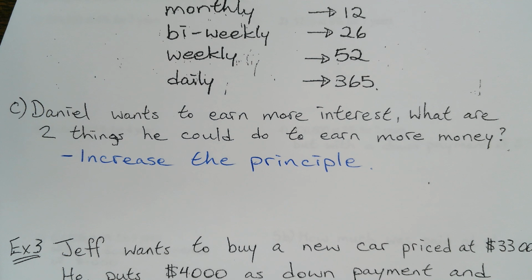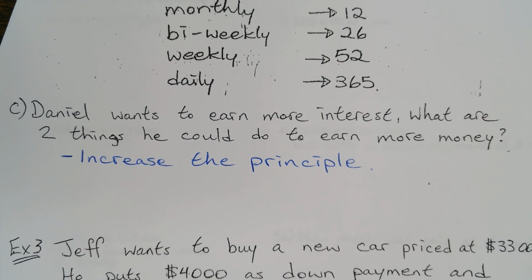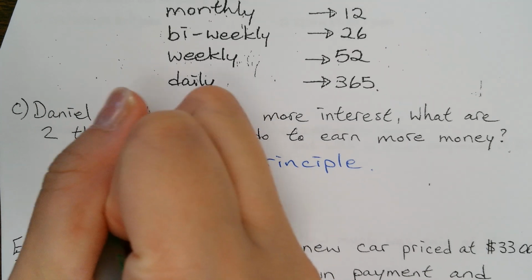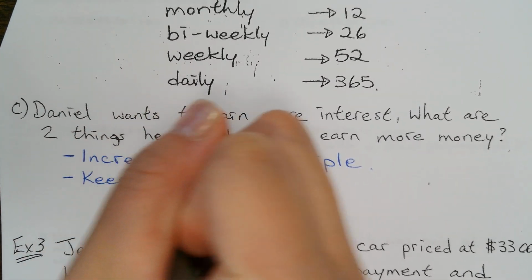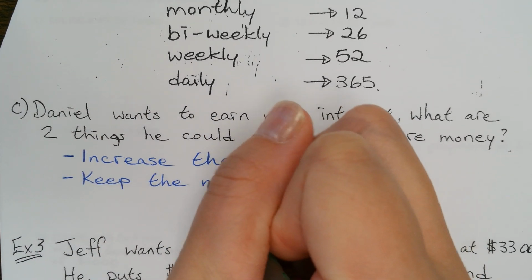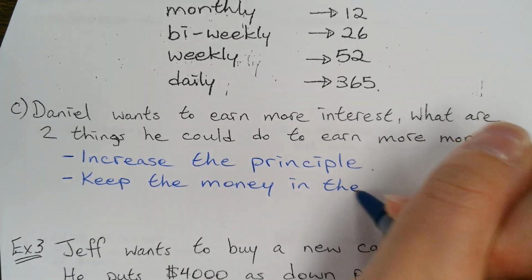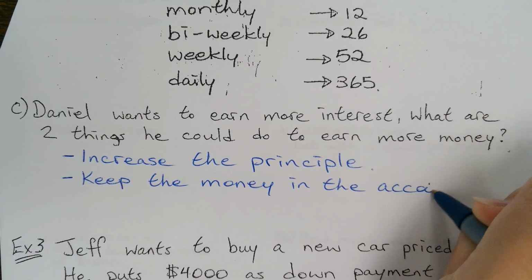Another? Maybe increase the time, like instead of 4 years, 12 years. So keep the money in the account longer.